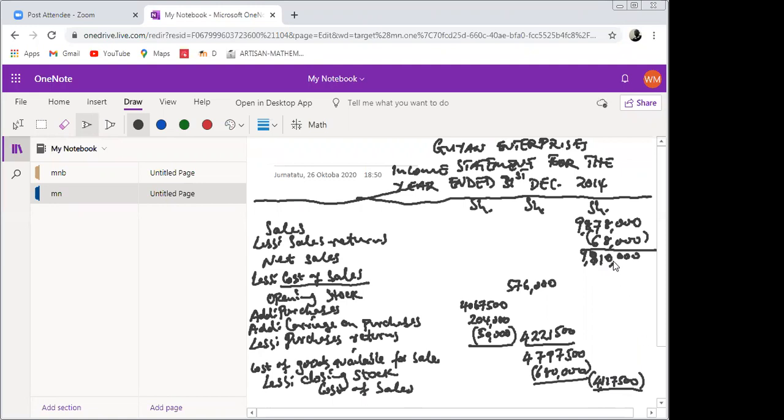We sold 9,810,000, but those goods that we sold had cost us this much. So if you subtract the two, you get the gross profit. 9,810,000 minus 4,117,500.